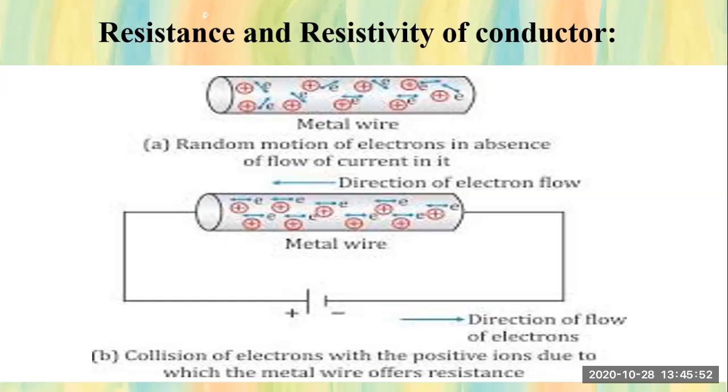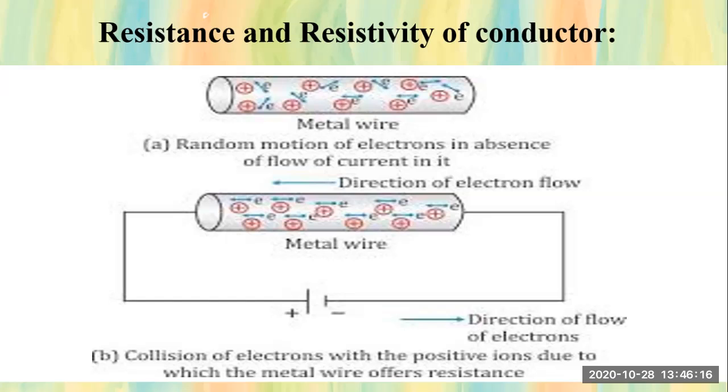Why is it so? This battery creates the potential difference. If the potential difference is not created, current will not flow. So to create the potential difference, we put a battery. Now as I put the battery, the electrons are set into motion, in the direction of electron flow.